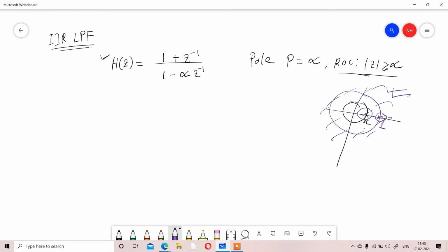Okay. So whenever we design a low pass filter, an infinite impulse response low pass filter, whatever poles we get must be of magnitude less than 1. So that is one characteristic that must be satisfied.